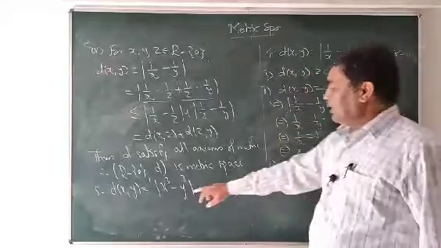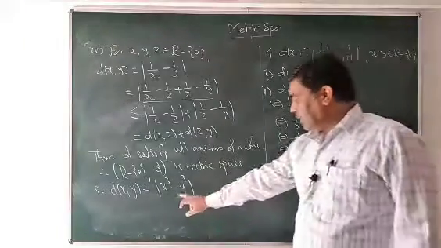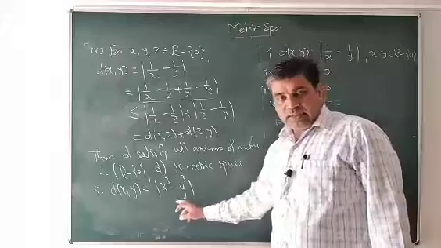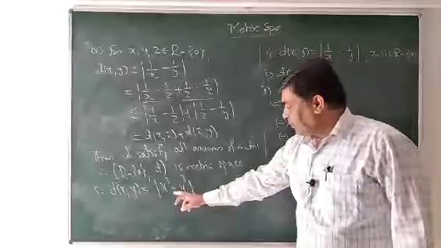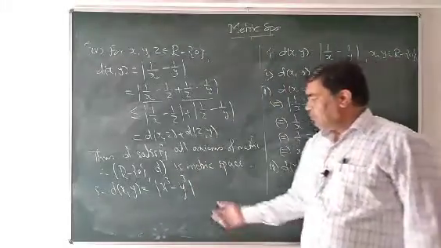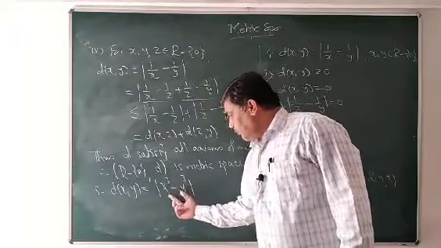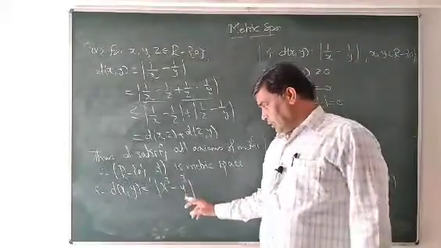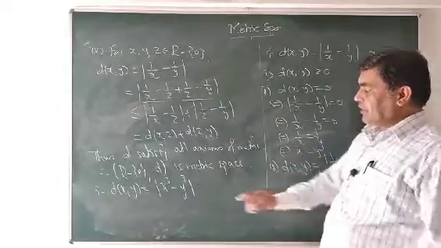It is 0 if and only if mod of x cube minus y cube is 0, then we will get x cube minus y cube is 0, x cube is equal to y cube. Therefore, x is equal to cube root of y. But we know that x cube is equal to y cube if and only if x is equal to y, which is not the case for even powers. Therefore, d of xy equal to 0 implies x equal to y.